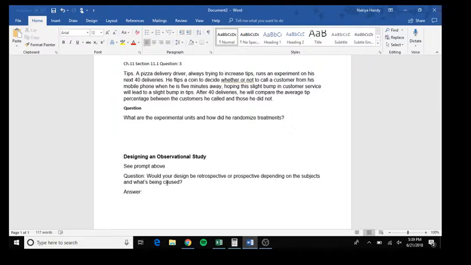And I'm choosing prospective because we already know the subjects that are the 40 deliveries that the pizza delivery driver is making, and the subjects are being followed to observe future outcomes. So we don't know exactly what the outcome will be because everything will be random.